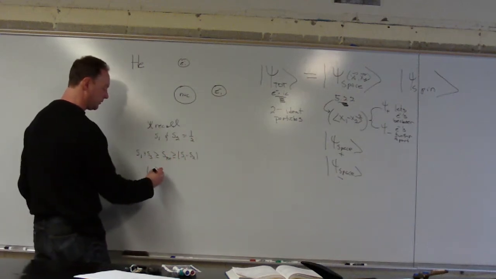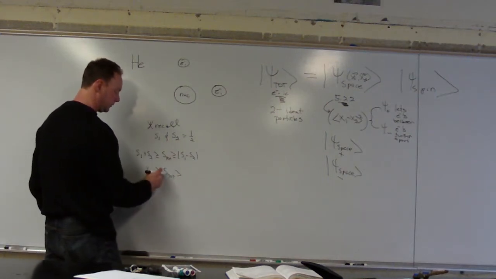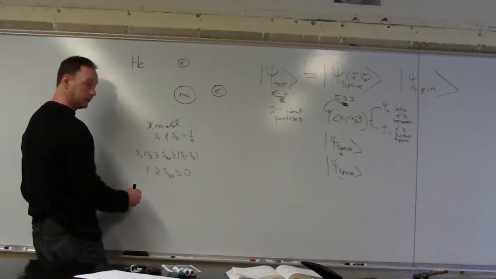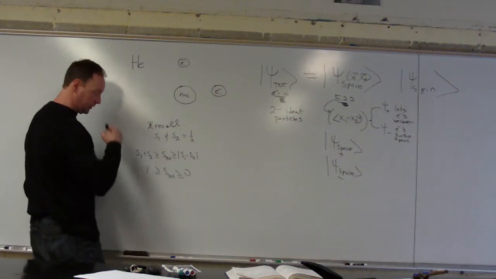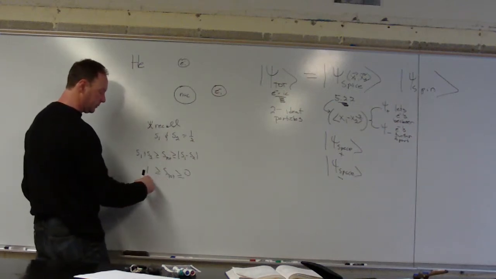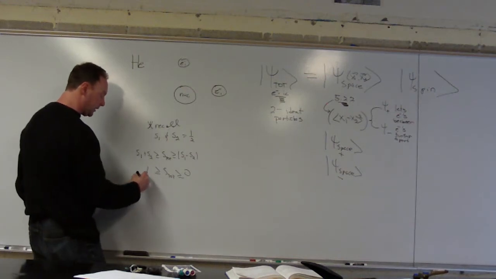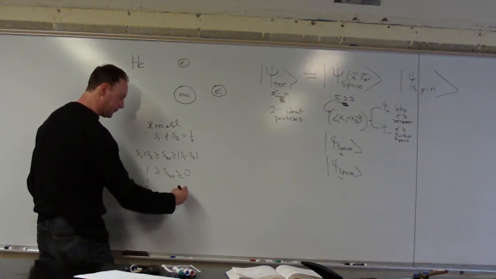So this is 1 is greater than or equal to S total, which is greater than or equal to 0. Okay, so in other words, the total spin can be 1 or it can be 0. MS for this one is minus 1, 0, 1, and then MS for this one is just 0.